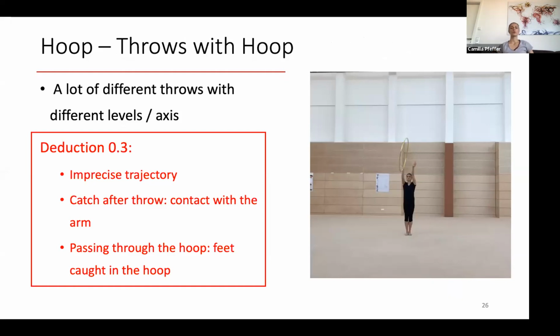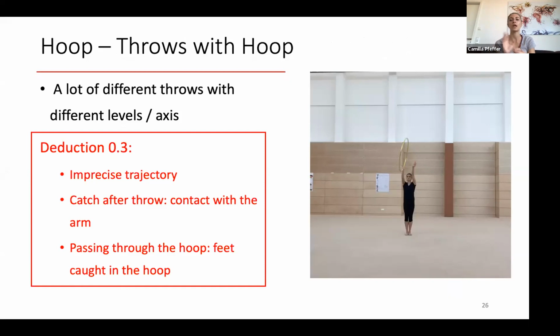Now we're going to the throws with the hoop. Of course, for the throws and catches with the hoop, it's mostly the same rules as for every other apparatus. You cannot do steps, you cannot do chassé. The hoop needs to fly very correctly, and here it also cannot rotate too much. It's always less rotation is better technique.